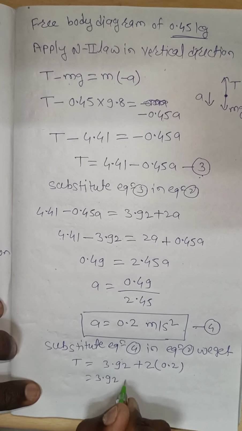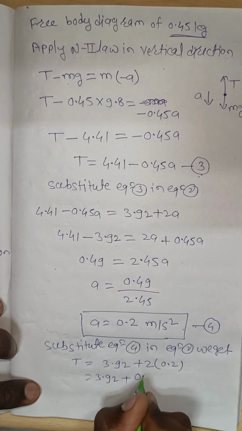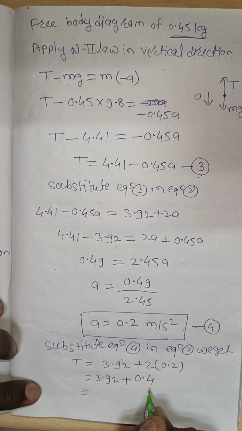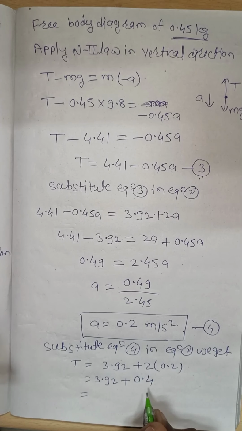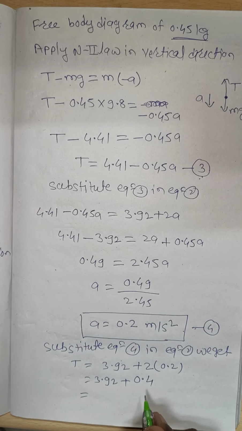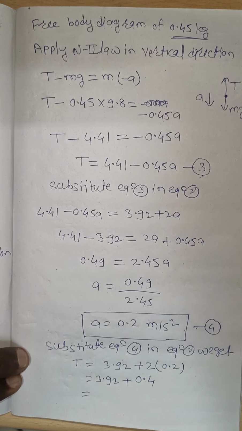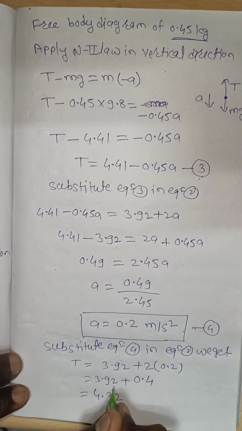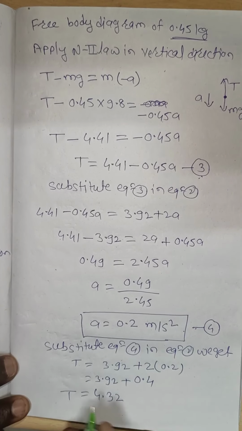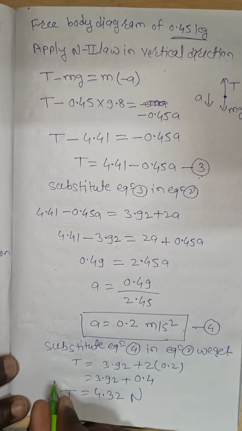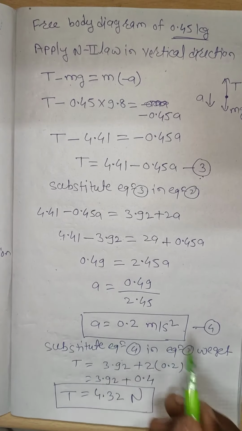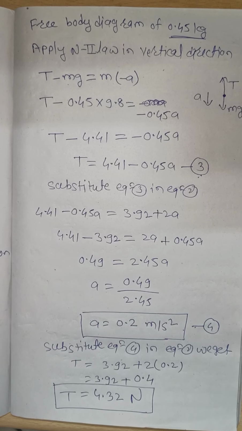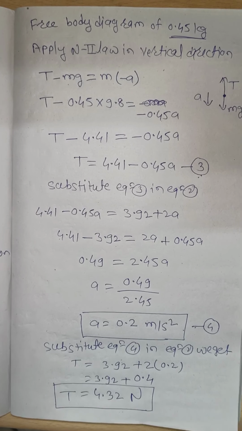Therefore 3.92 plus 2 into 0.2, we get 0.4. Therefore 3.92 plus 0.4, we get T is equal to 4.32. The tension in the string is 4.32 newtons. Now this is the tension in the string and this is the acceleration. Initial acceleration of the block is 0.2 meter per second square and the tension in the string is 4.32 newton.